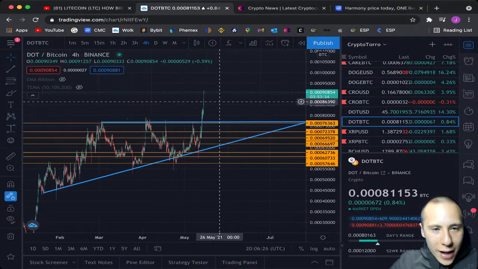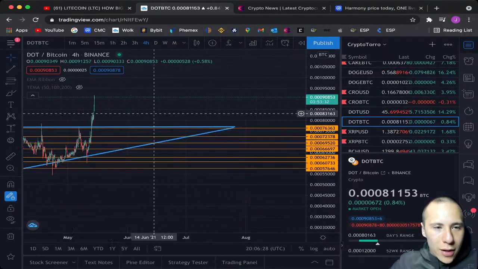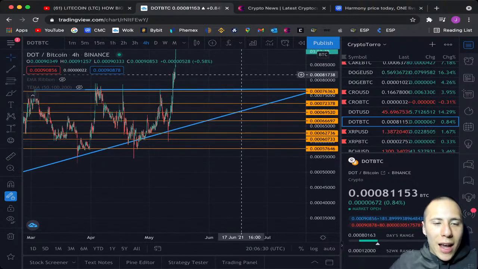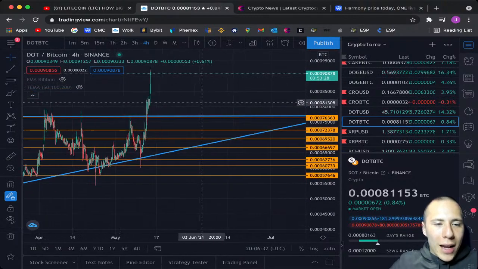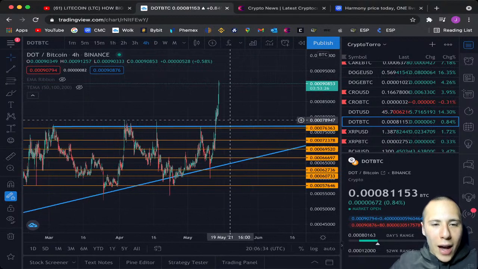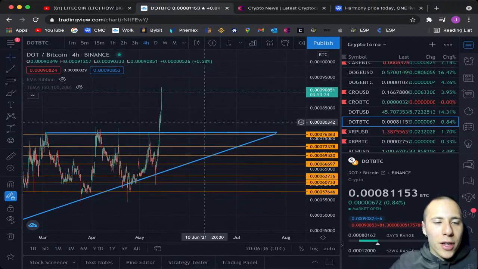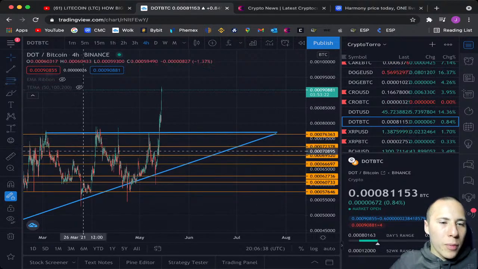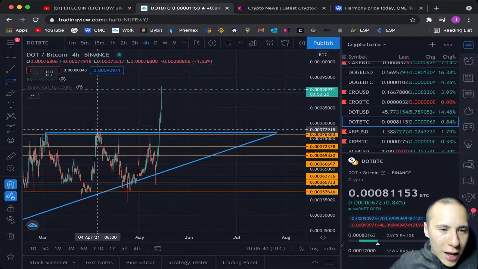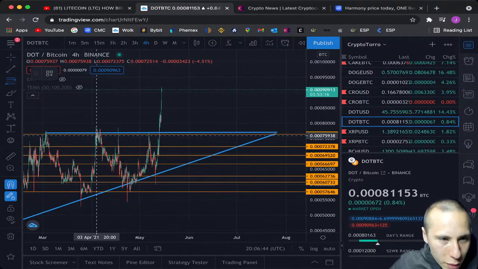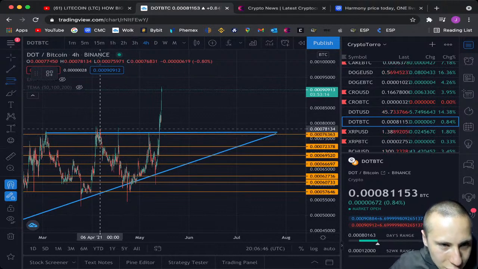And what I'm waiting for is for Polkadot to find resistance at any place on the way up towards that 33% pump, and that is why I will be placing this Fibonacci retracement level to take a look at where it will possibly find support.